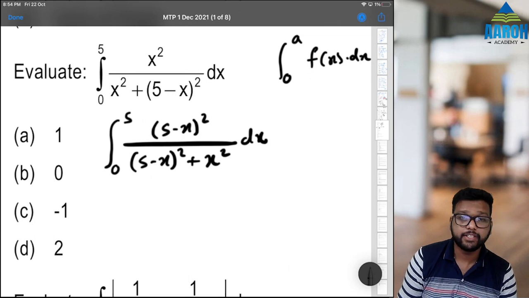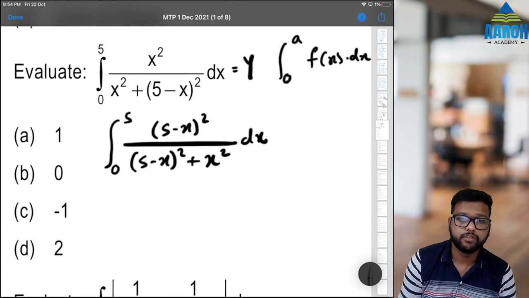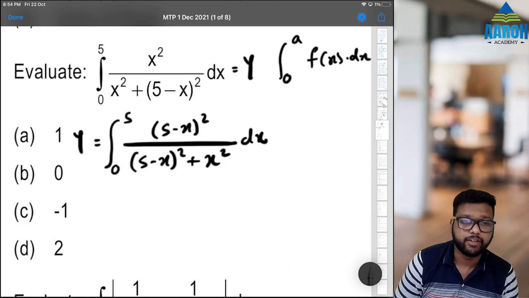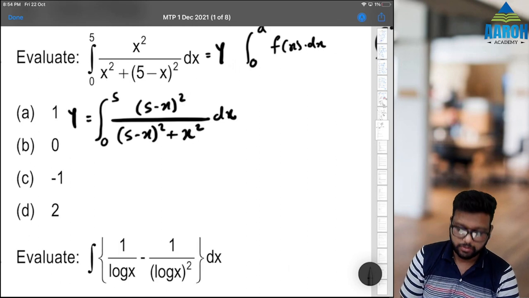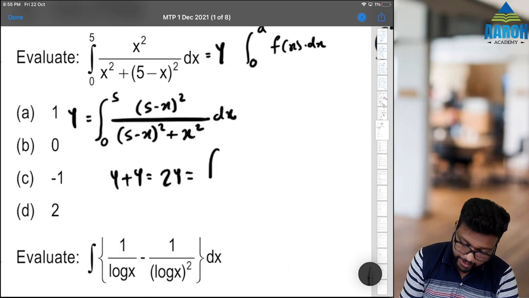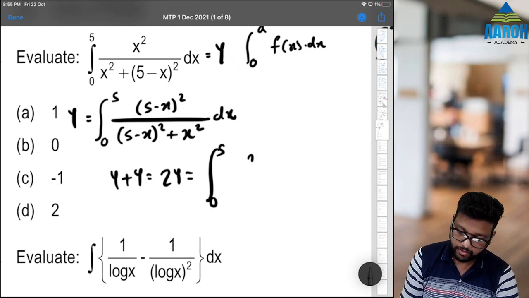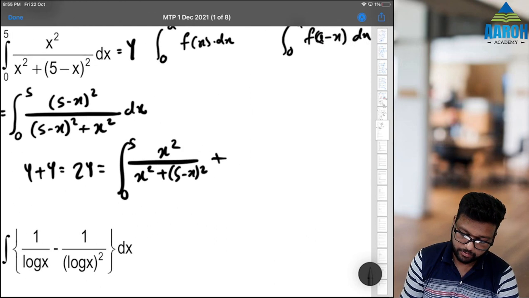Now in such types of questions, if this is assumed as, let's say, y, then obviously this is also y, because both are the same. If we add the two, y plus y, that is 2y, equal to the integration of the first term plus the second term.